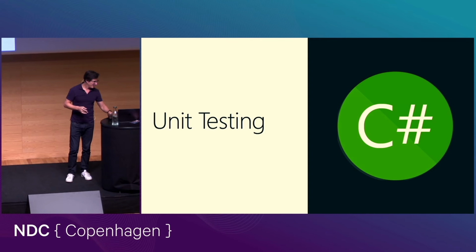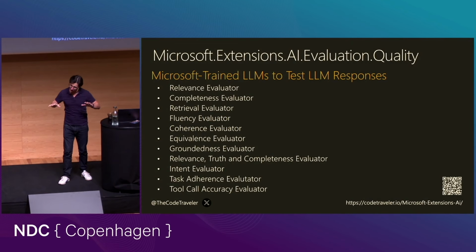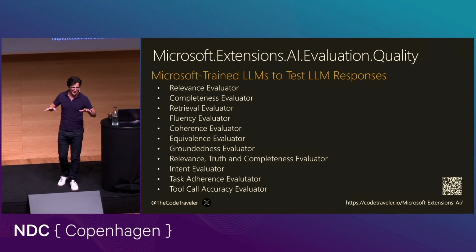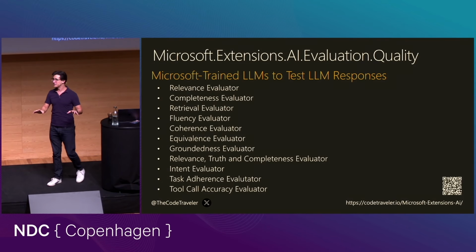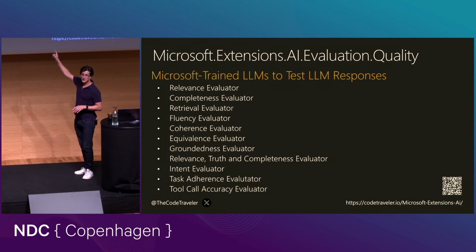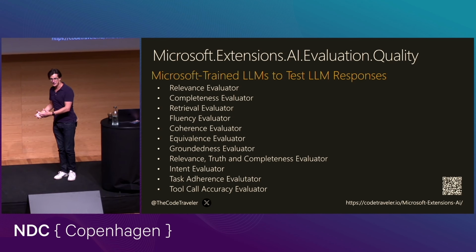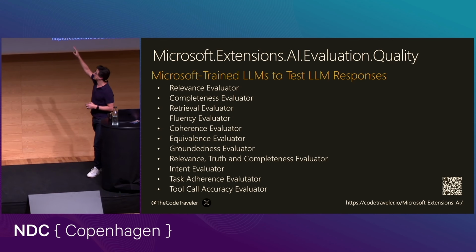Well, again, we're kind of wading into this weird world of uncertainty, and I'm not sure how much I like it, but it does work. But stick with me, because what Microsoft's done, they've trained their own LLM to evaluate responses that come back from our LLMs. So there's all these evaluators. There's relevance.